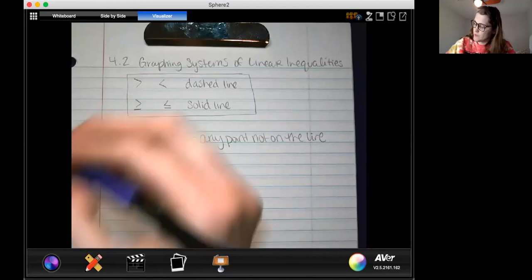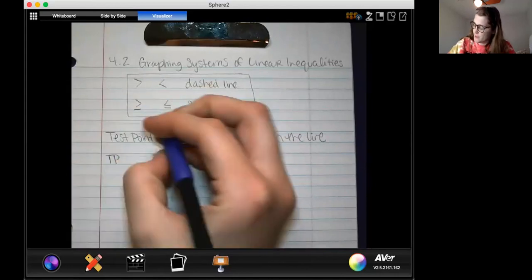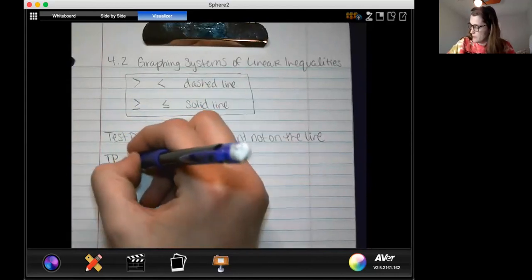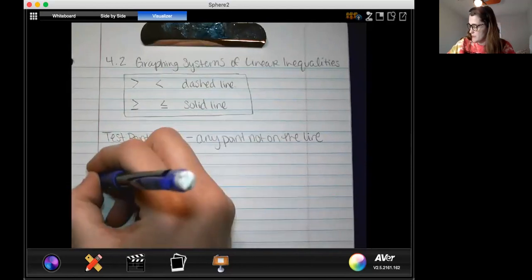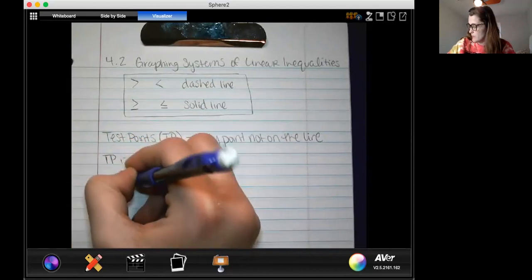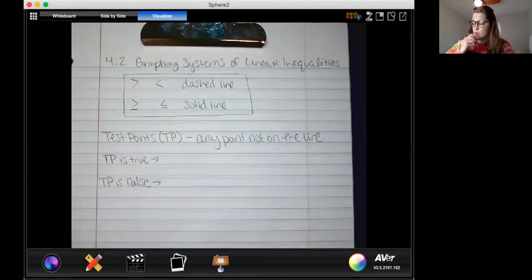Okay, so we had two different scenarios: when the test point is true versus when the test point is false. When a test point is true, what do we do?